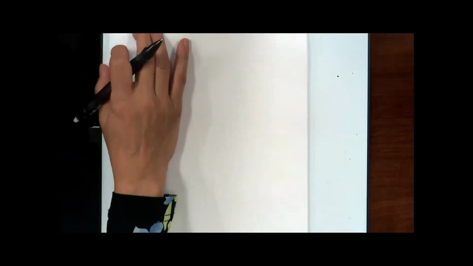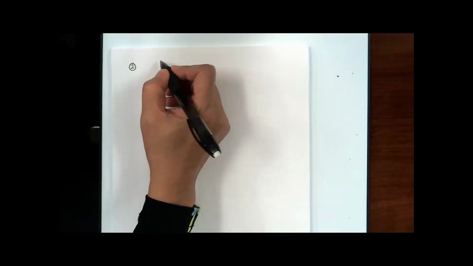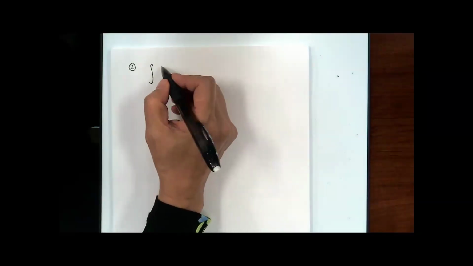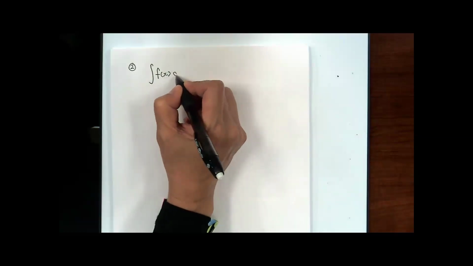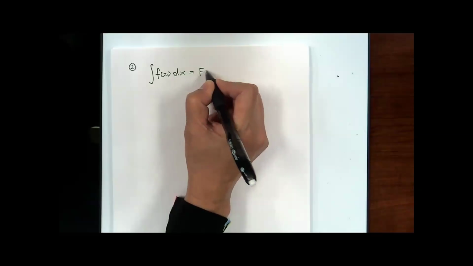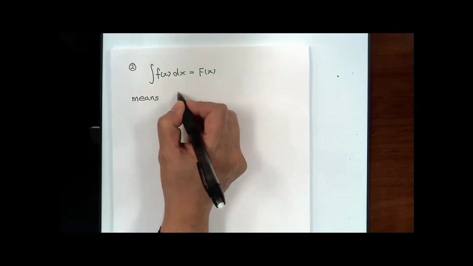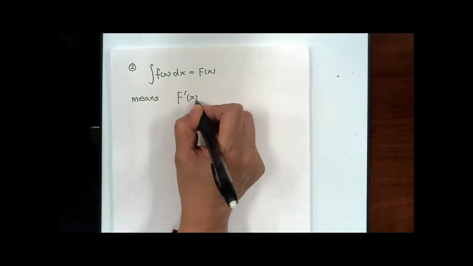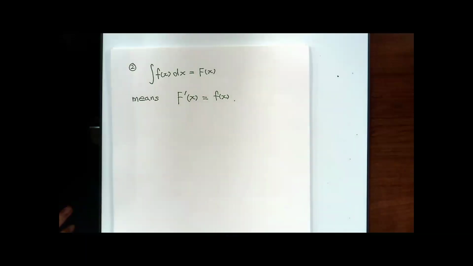If we simplify the notation with the indefinite integral and write large F of x as just an indefinite integral whose lower bound and upper bound are not specified, what I stated means that large F of x prime is the function before the integration.